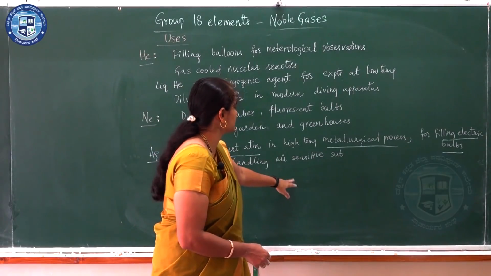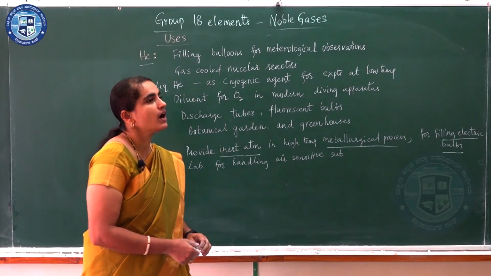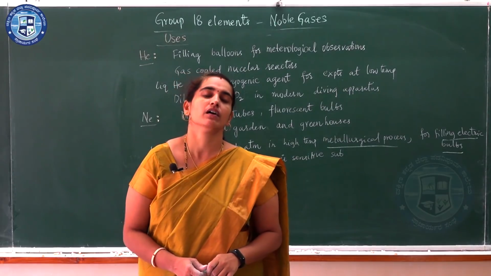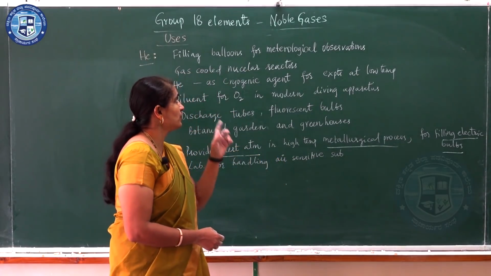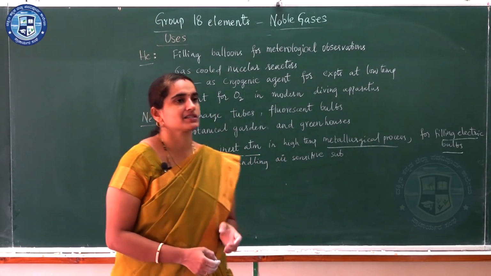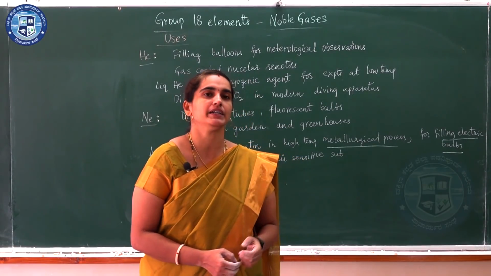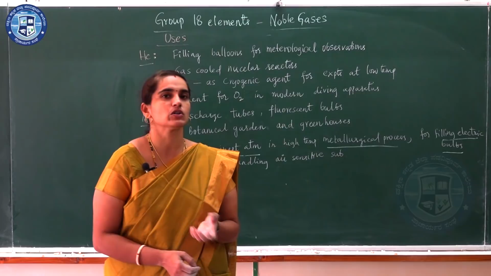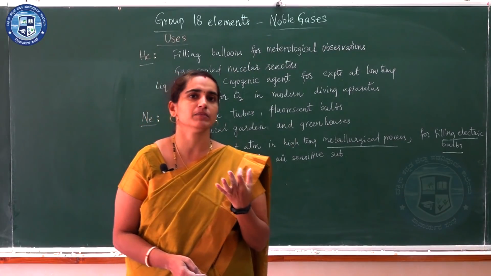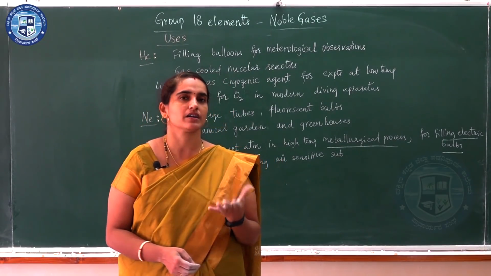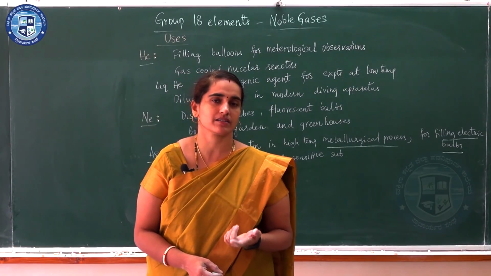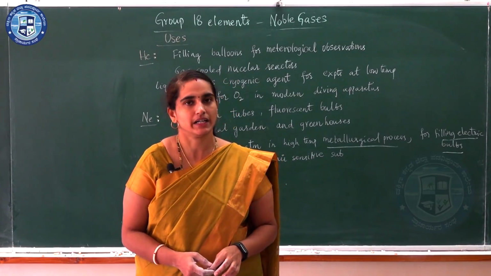So with these uses, students, I shall wind up at this stage on the concept of noble gases. In this session on noble gases or group 18 elements, we have listed the noble gases, that is helium, neon, argon, krypton, xenon, radon, and a new one, oganesson, with atomic number 118.